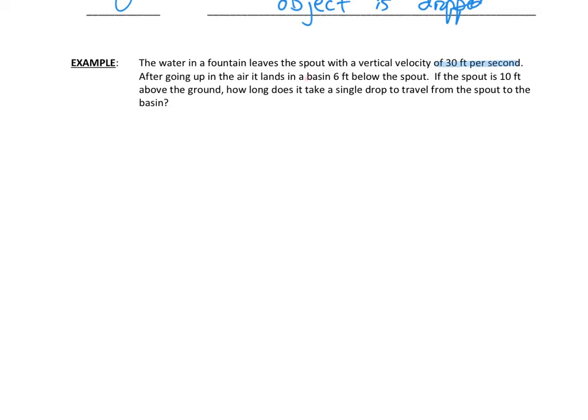If the spout is 10 feet above the ground, how long does it take for a single drop to travel from the spout to the basin? So we draw this picture. So there's a spout. I'm going to try my best here.